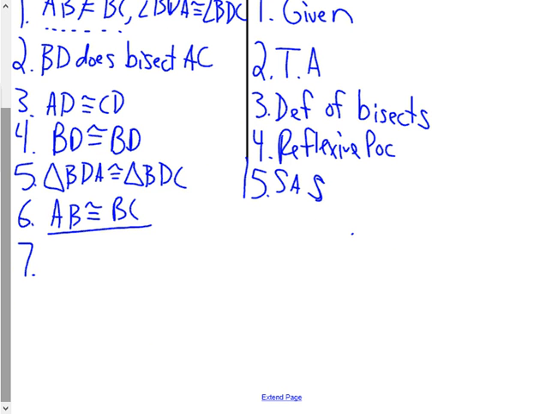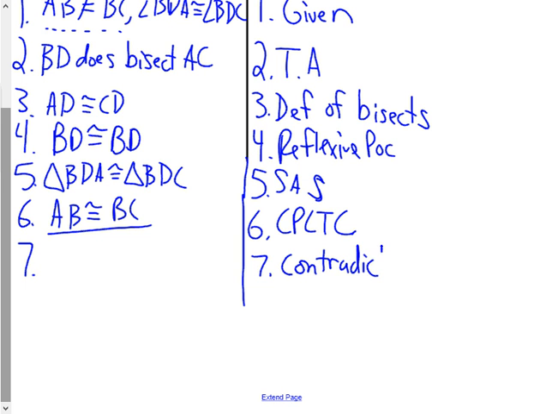You don't have to underline it, I'm just showing you where our facts contradict each other. And then our final statement is BD does not bisect AC.